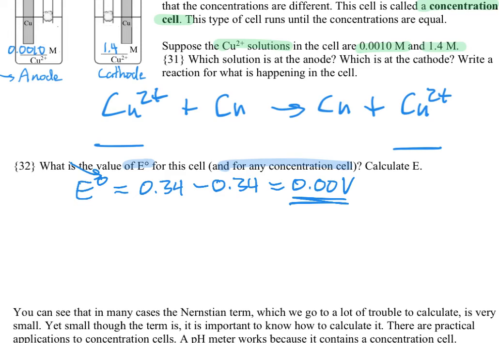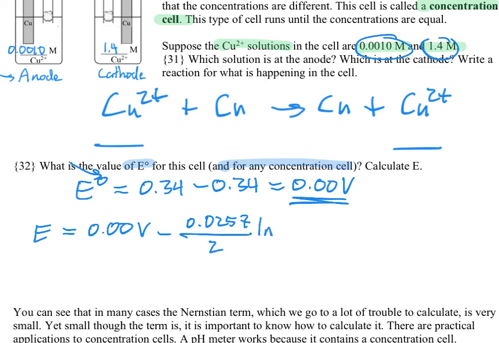But if we work with the concentrations 0.001 and 1.4, then using the Nernst equation, we're actually going to get a positive potential. So 0.00 volts minus, and I'll use the short version of the Nernst equation here and assume we're at 25 degrees, 0.0592 over n, where I'm exchanging 2 electrons, times the natural log of.